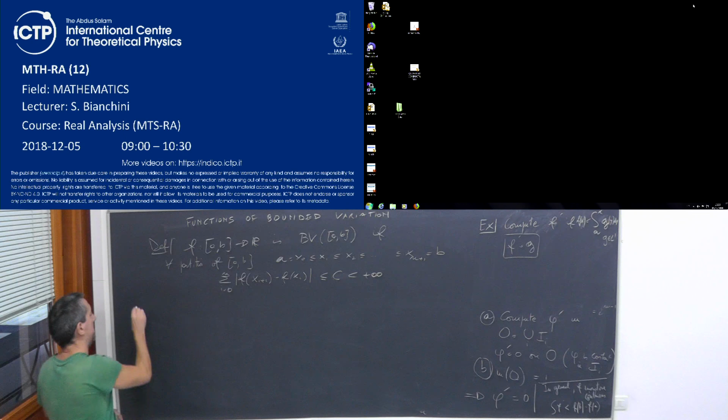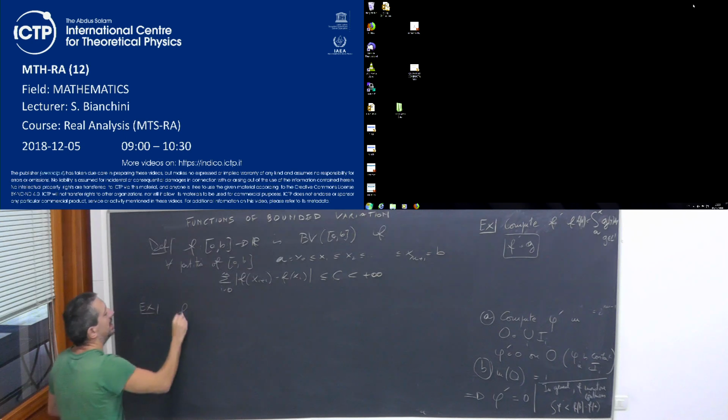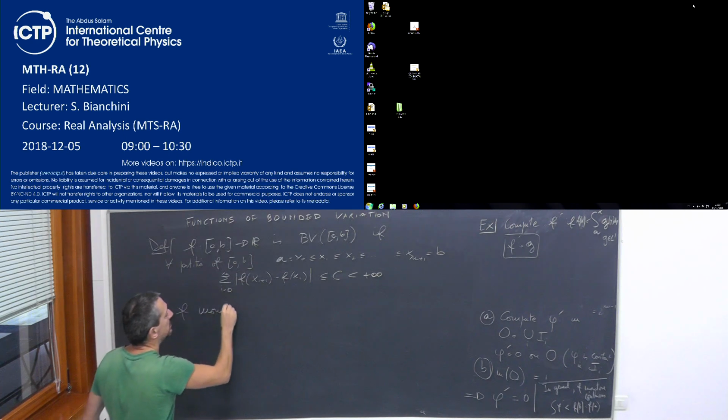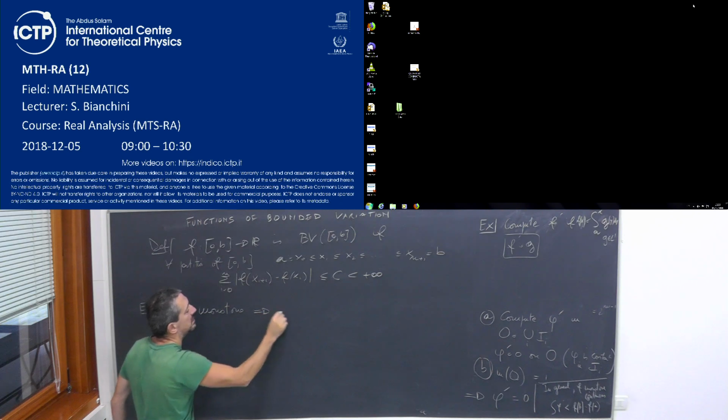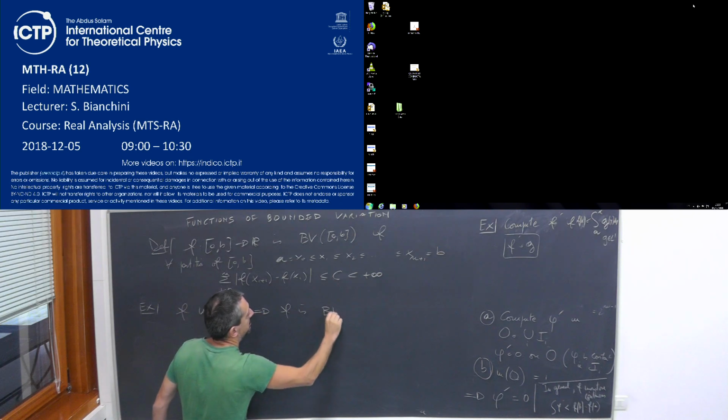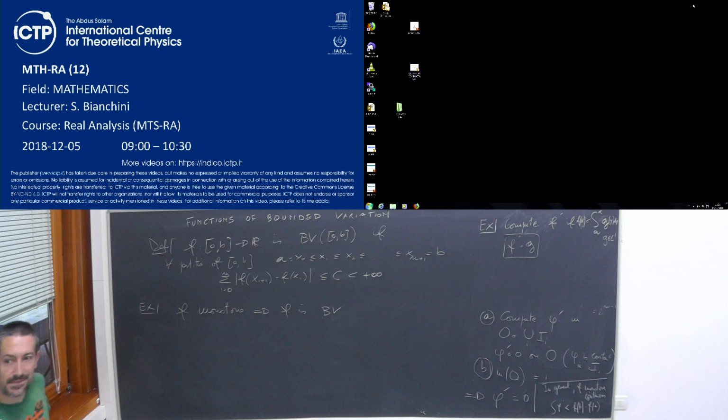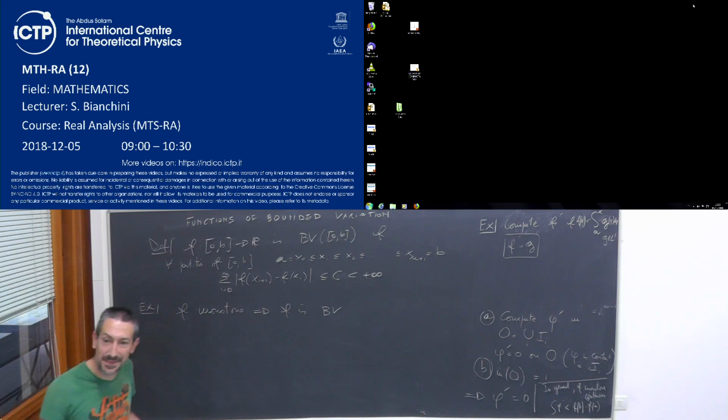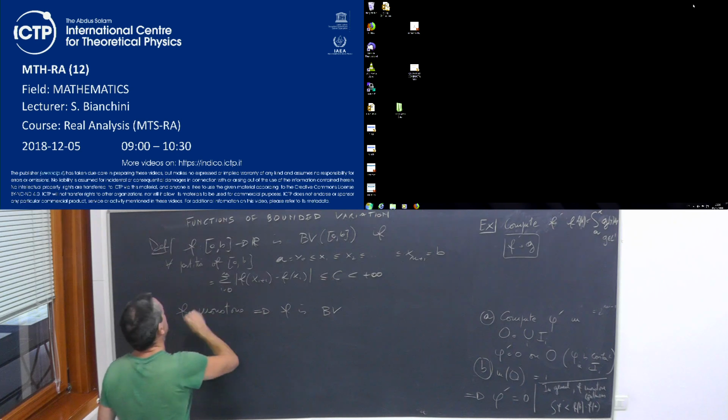Okay, let's do some examples. f monotone, f is BV. It's exactly f(b) minus f(a). So the sum of this object, no matter what the partition, is f(b) minus f(a).